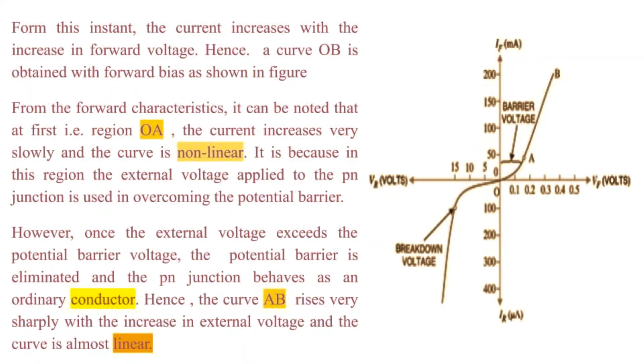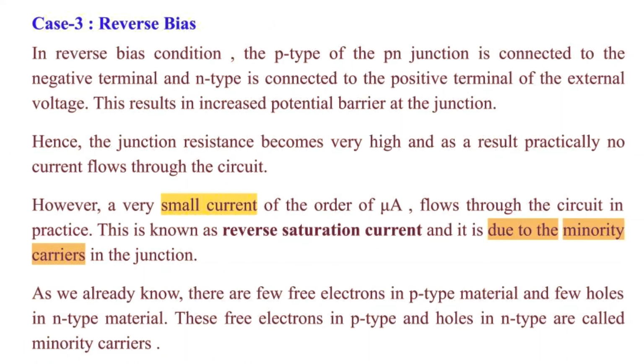However, once the external voltage exceeds the potential barrier voltage, the potential barrier is almost eliminated and the PN junction behaves as an ordinary conductor. Hence, it obeys Ohm's law. Hence, the curve AB rises very sharply with increase in external voltage and the curve is almost linear as in the diagram.